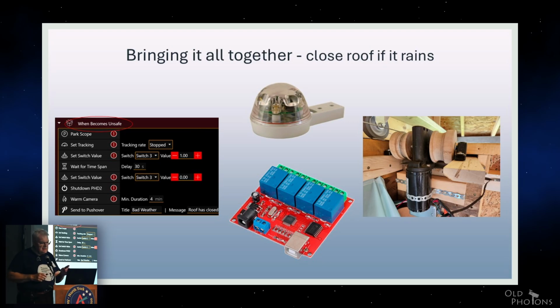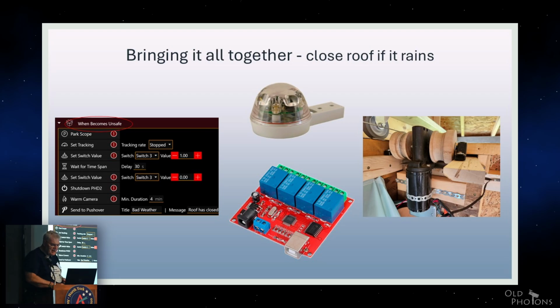And so if it rains, then I have in my sequence a loop while safe condition. If it rains, then I get an unsafe condition from the rain sensor, which then causes Nina to park my telescope and close the roof. And in this case, it activates switch number 3. The motor operates in the opposite direction and the roof closes.